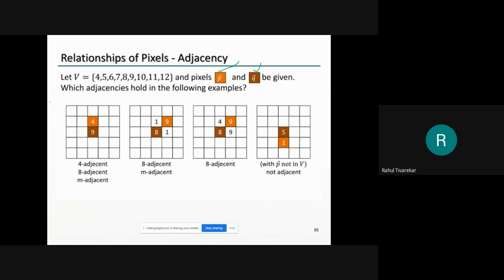Okay. And what is set V? Set V has elements 4, 5, 6, 7, 8, 9, 10, 11, 12. So this is the first image in which P pixel is here and Q. I will use some other color. Let's say. Let me erase this.